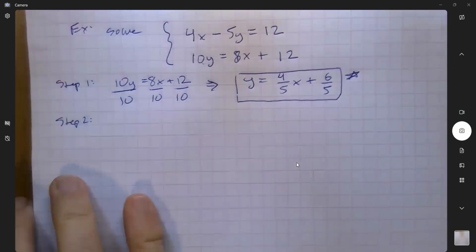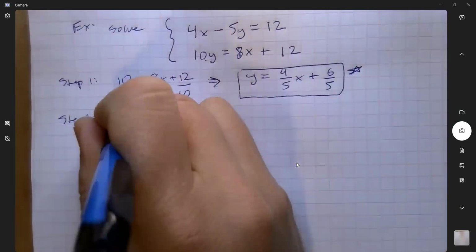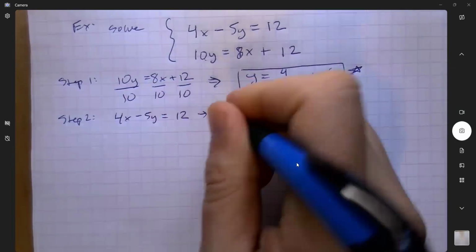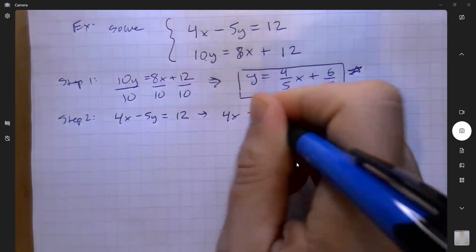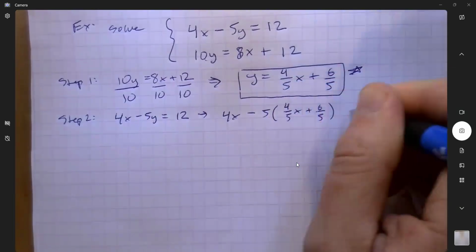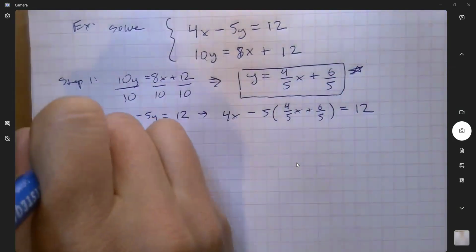Step two, put that starred equation into my other equation: 4x minus 5y equals 12 becomes 4x minus 5 times the quantity 4/5 x plus 6/5, and all of that should equal 12. Step three, solve it.